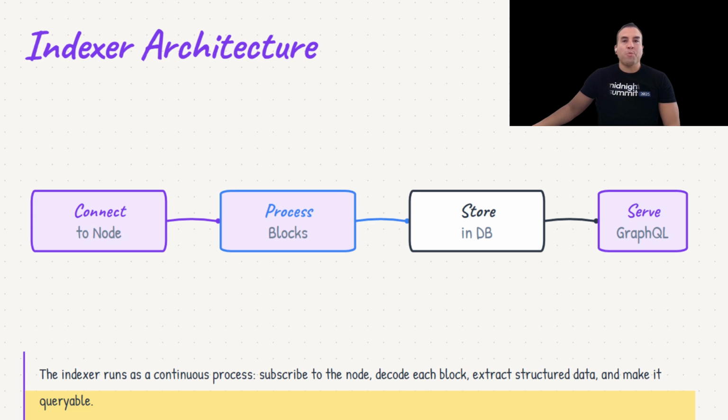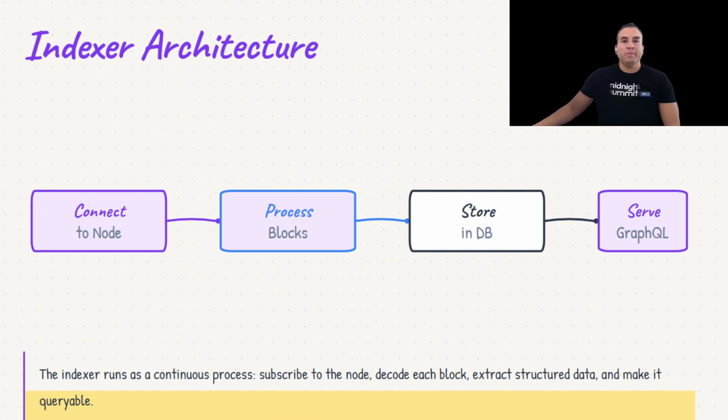Step 3. Store in the database. All that structured data goes into PostgreSQL or SQLite, indexed and ready for fast queries. Step 4. Serve via GraphQL. The API layer reads from the database and exposes it to consumers.